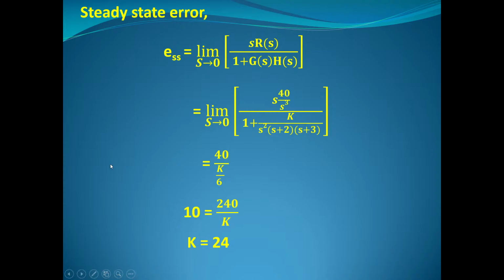So r of s, what did I write here? Yeah, 40 by s cube. So s into 40 by s cube. Just simplify it and you will get 40 by s square. Send s square to the denominator.